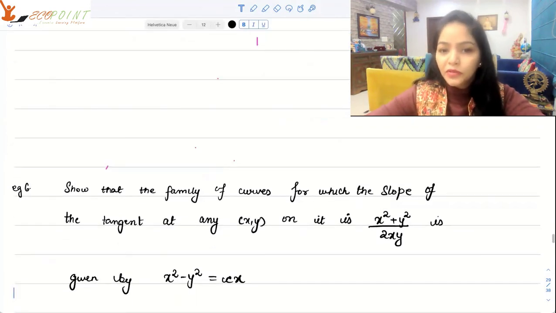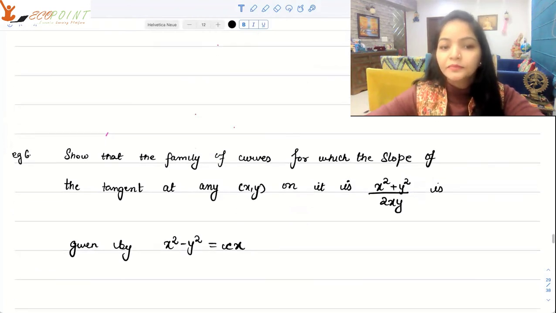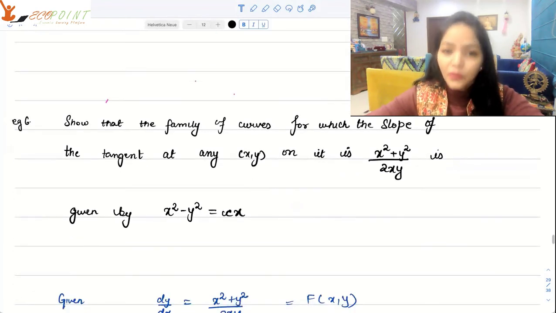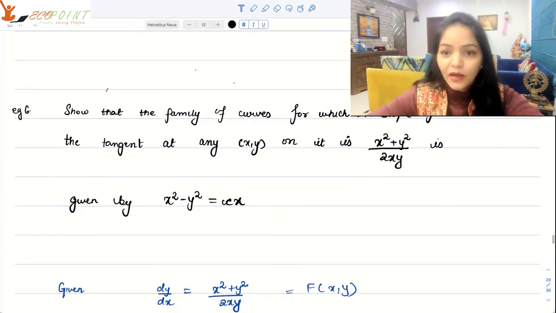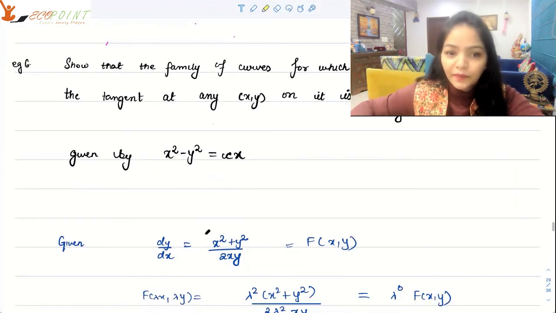Show that the family of curves for which the slope of the tangent at any point (x, y) on it is (x square plus y square) upon 2xy is given by x squared minus y square equals to cx. Okay, so if the slope of the tangent at any point (x, y), that is dy by dx, is x squared plus y squared upon 2xy, so this is what I have for dy by dx.